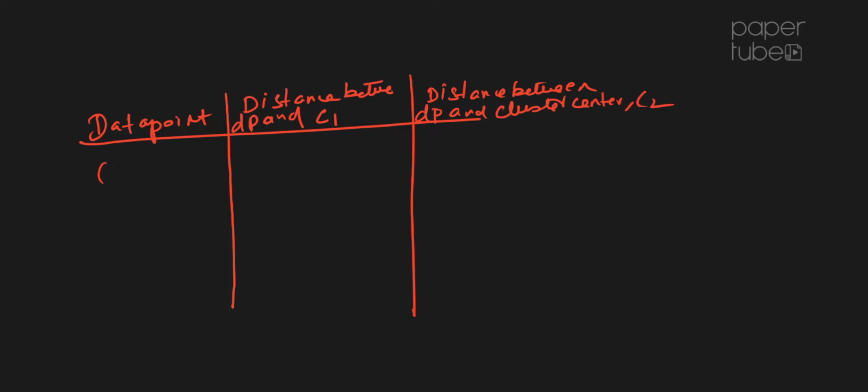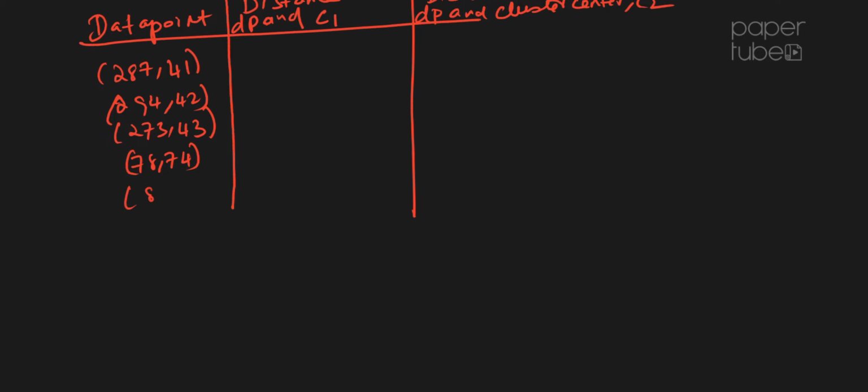So the data points are 287, 41, 294, 42, 273, 43, 78, 74, 81, 74, 87, 80.